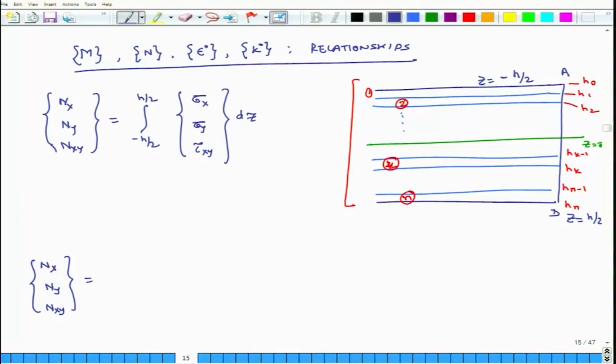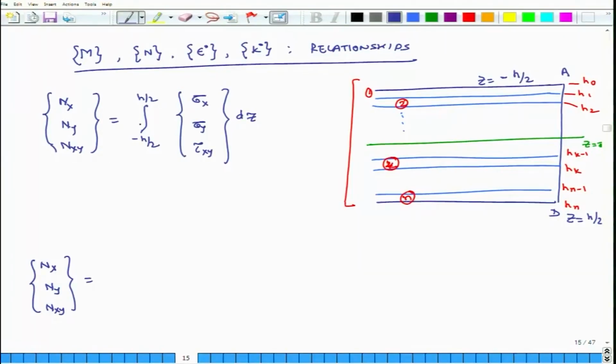We know that when we go from one layer to another layer, sigma x, sigma y or tau xy can jump discontinuously because the Q matrix changes. We also know that for a layer, stress is nothing but Q times the strain.